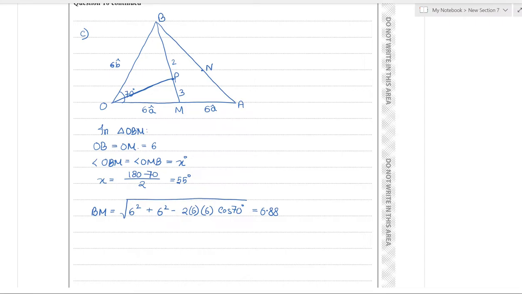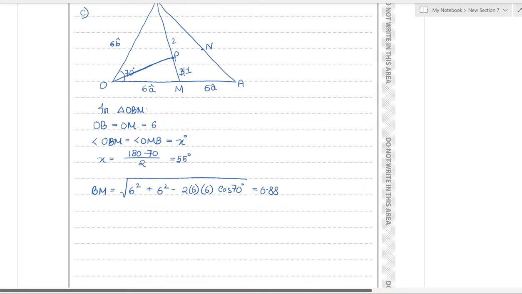We're going to focus on the OPM side of the triangle.